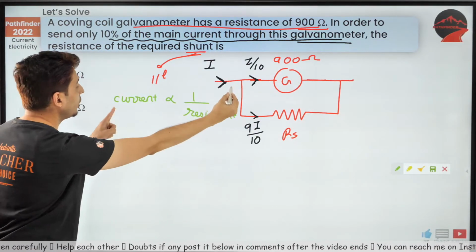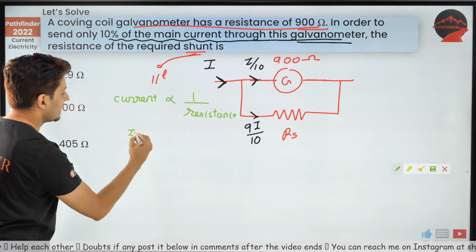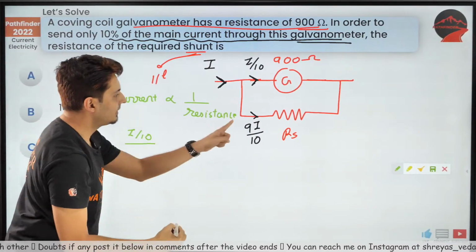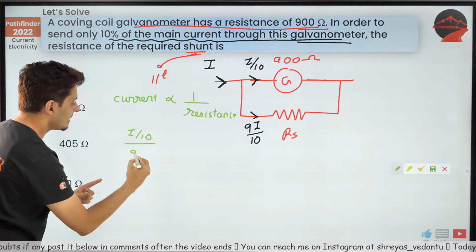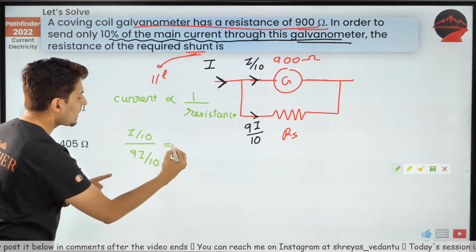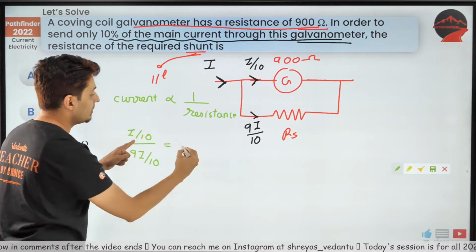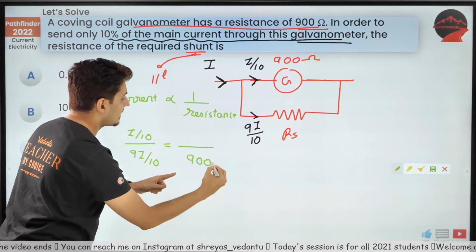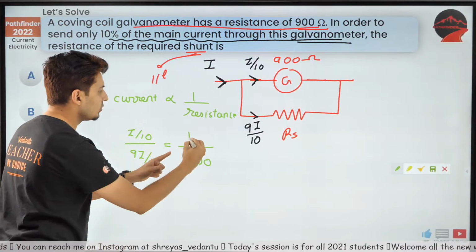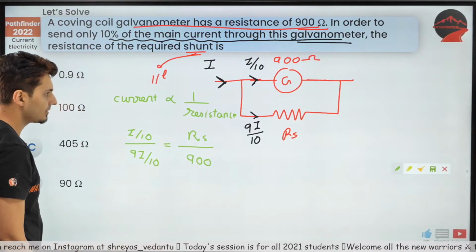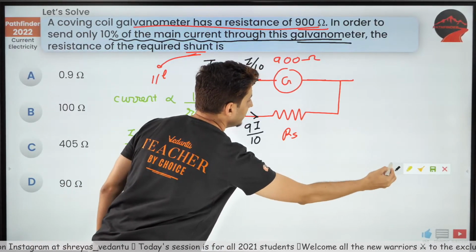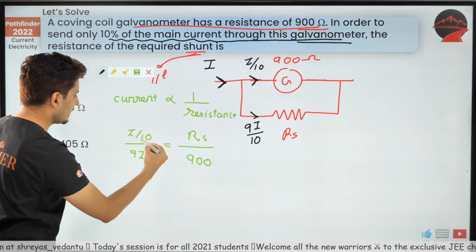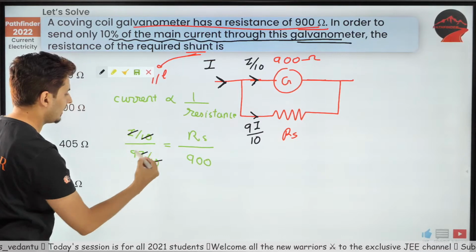So what is the current flowing through the galvanometer? That's I by 10. What's the current flowing through the shunt? That's 9I by 10. This would be the galvanometer resistance. How much is it? 900 ohms. And this would be the shunt resistance. Can you see from here what exactly is cancelling? 10 gone, I gone.